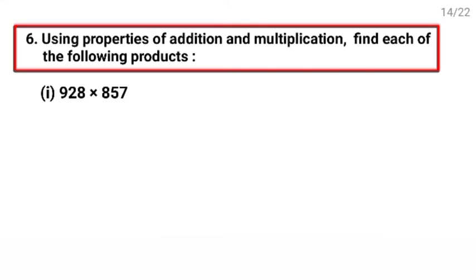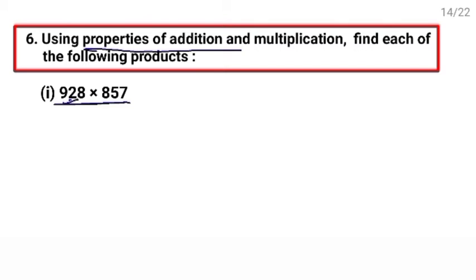Using properties of addition and multiplication, find each of the following products. They are asking to find its value. Students, we can easily multiply them because you have learned multiplication from class first, right? But here we are using properties and they have already mentioned using properties. So we will make our calculation easy by using properties, right?